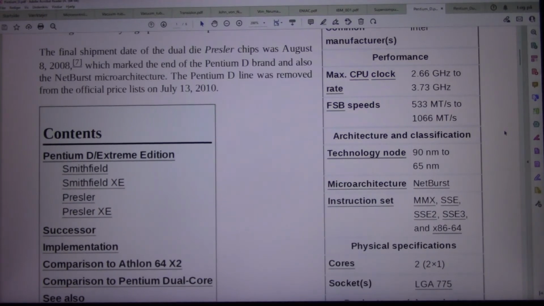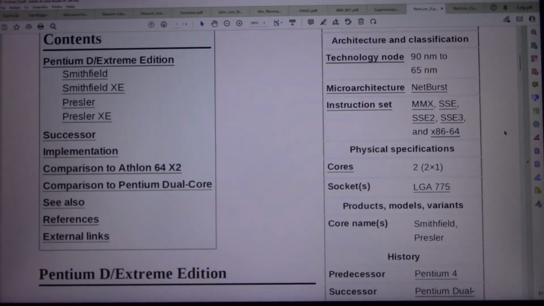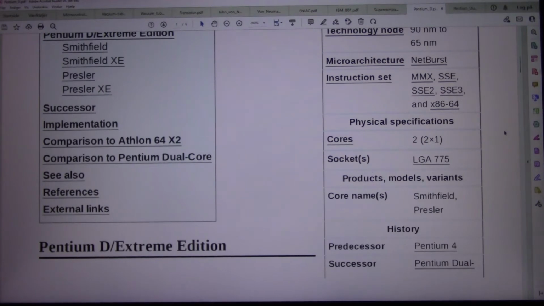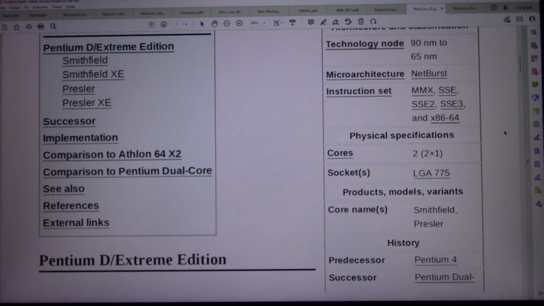Architecture and classification: technology node 90 nm to 65 nm, microarchitecture NetBurst. Instruction set: MMX, SSE, SSE2, SSE3 and x86-64. Physical specifications: cores 2. Socket: LGA 775. Products, models, variants: core name Smithfield, Presler. History: predecessor Pentium 4, successor Pentium Dual-Core.